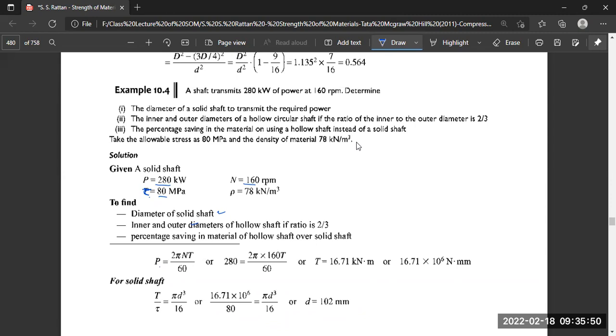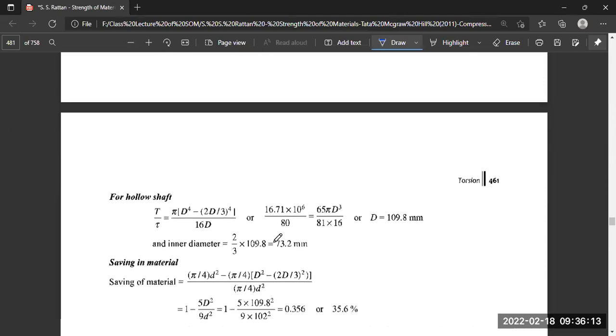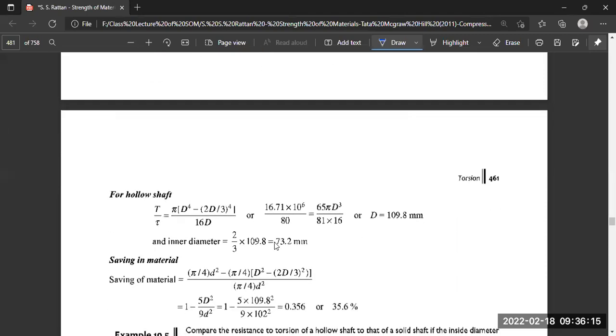We have calculated the torque and put it here, and tau is the shear stress, that is 80, equal to pi D cubed divided by 16, where D is unknown to us. So for the solid shaft, after calculation, capital D is 102 millimeters.